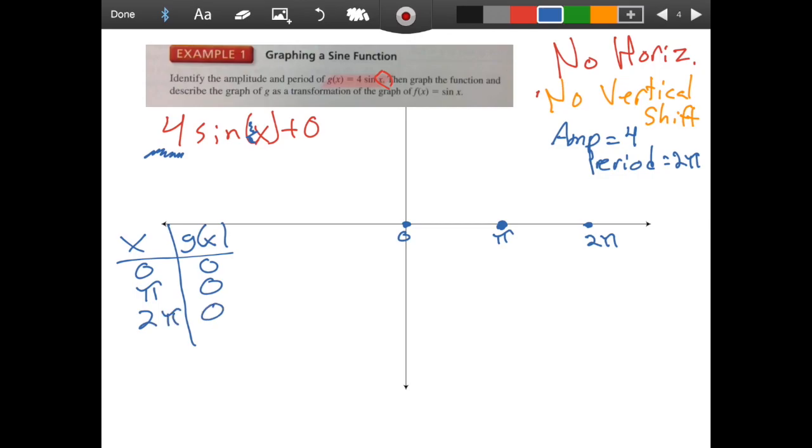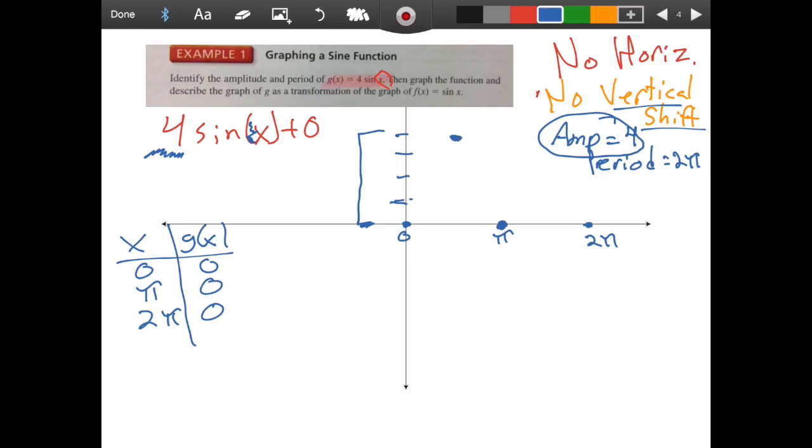But now for the amplitude, we have to make sure that this goes up 4 units instead of just the 1. Because remember, that's going to measure a distance from the top to the center line. And since there's no change in the center line, we just have to make sure that this goes up to 4. 2, 3, 4.